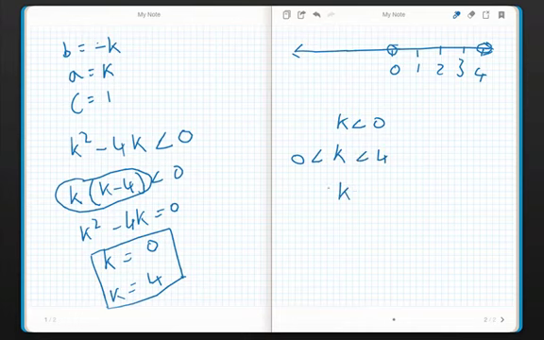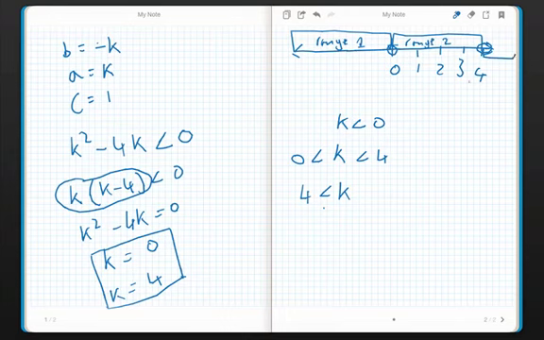Finally, another range is k being greater than 4. Now these three ranges we have to test out. So let me mark these three ranges on the number line. This is range 1. This is range 2. And I think you know what range 3 is.